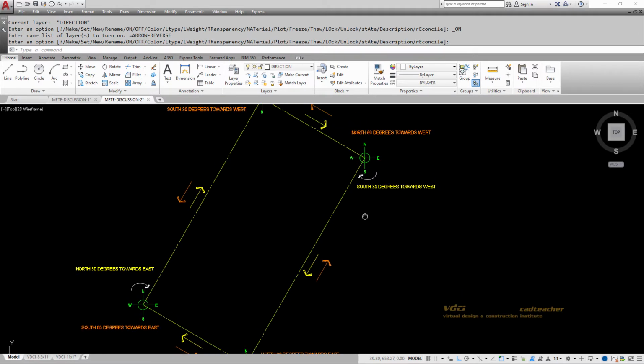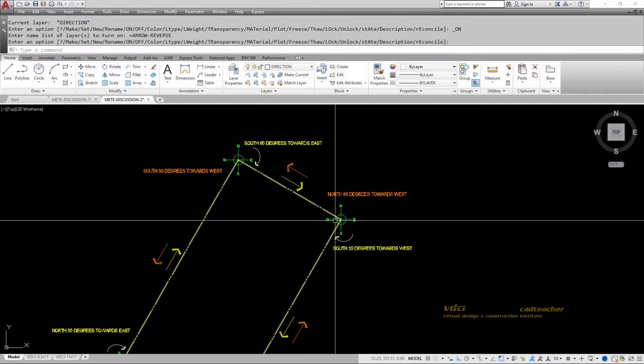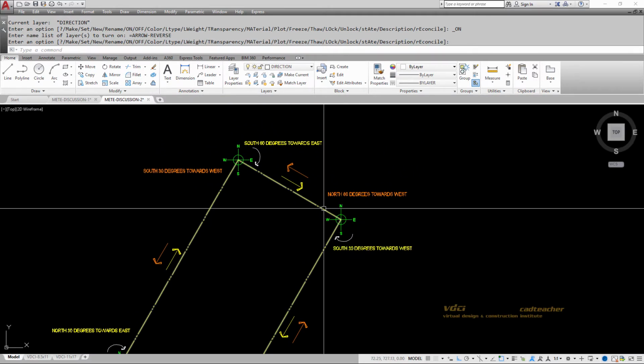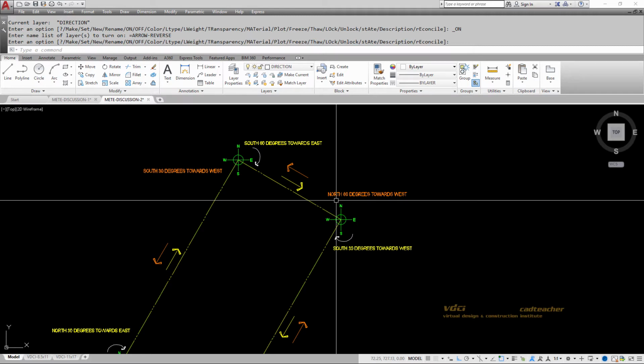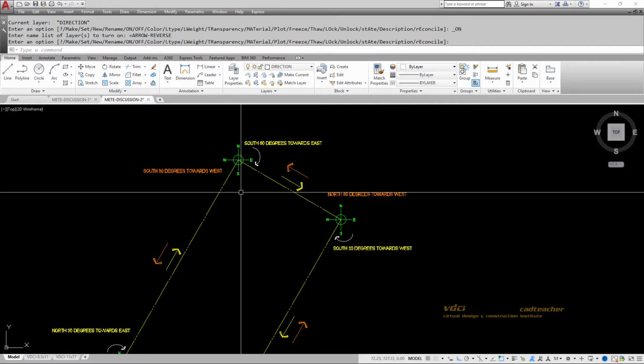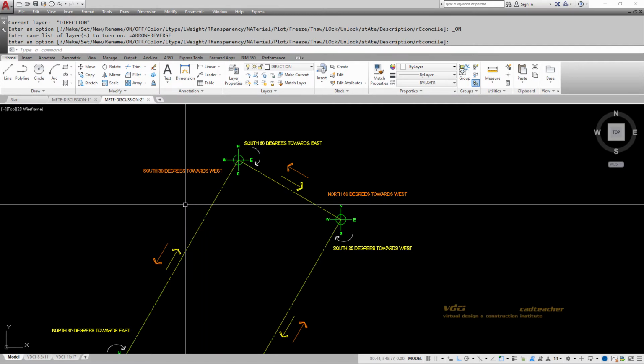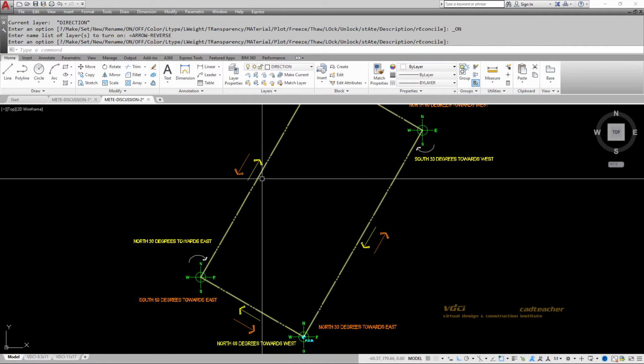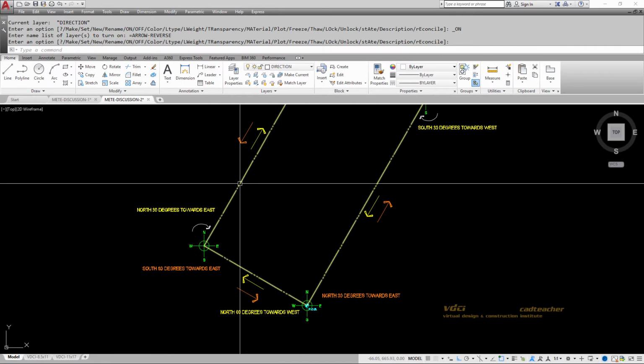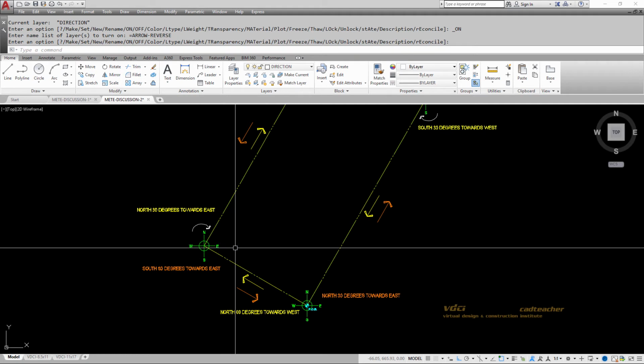I will continue on. This segment here is in the top left quadrant, so it would be north 60 degrees towards west. This segment down here would be south 30 degrees towards west. And this last segment would be south 30 degrees towards east.